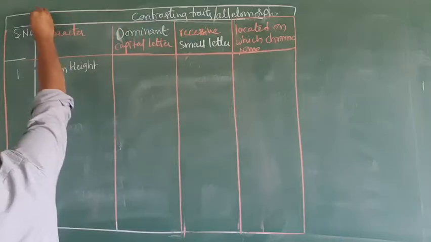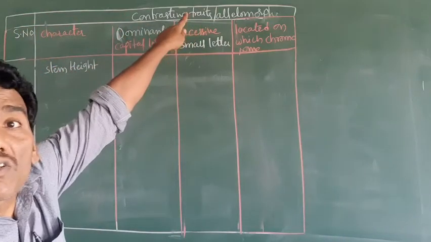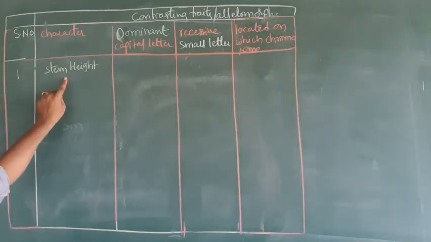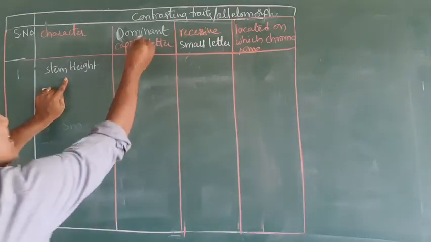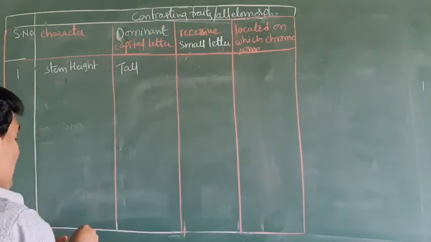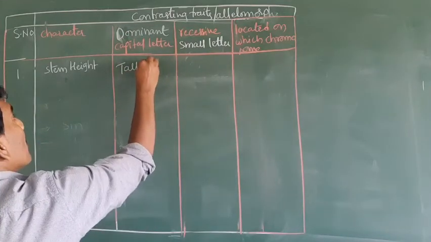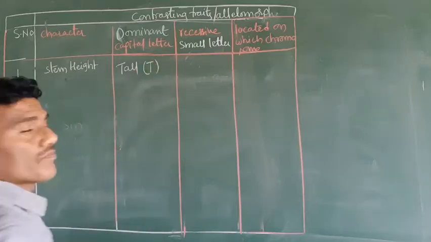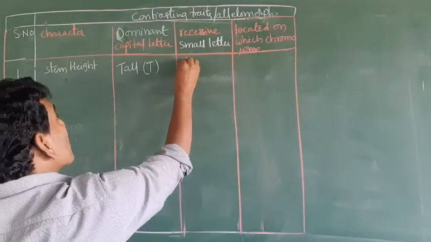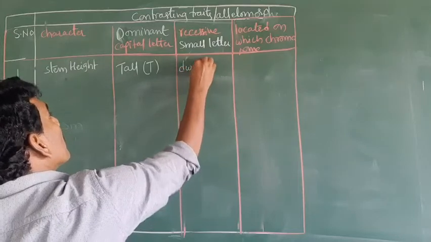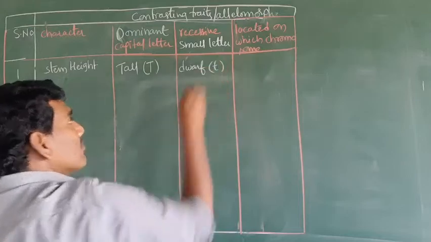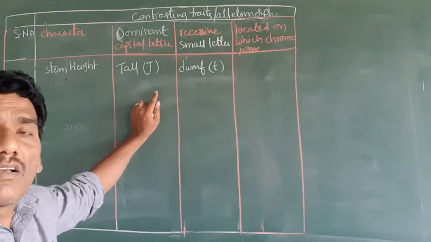These are nothing but contrasting traits or allelomorphs. First one is stem height. The dominant trait, tall, is always represented by capital T. Next, the recessive character, dwarf, is always represented by small t.